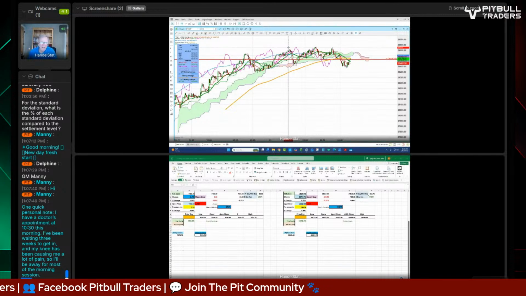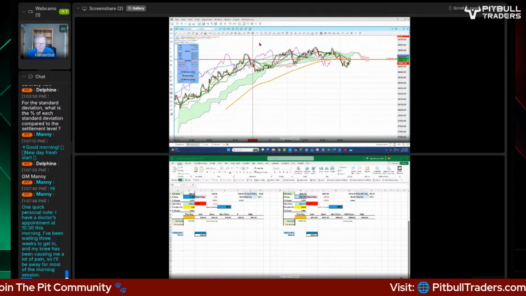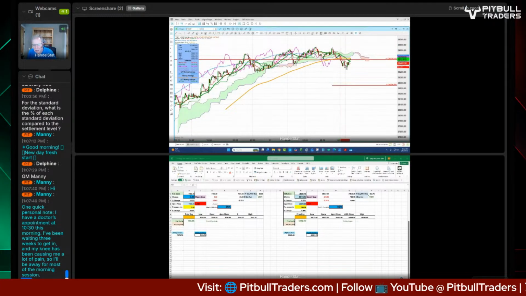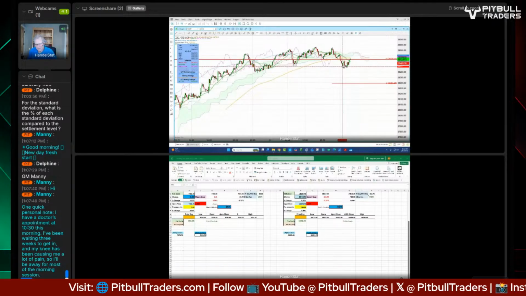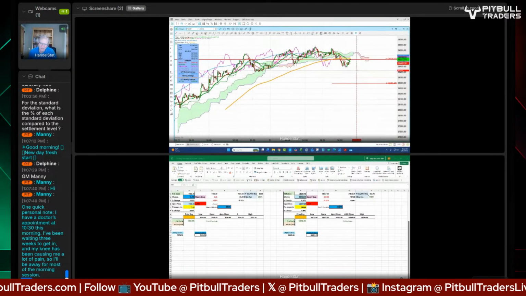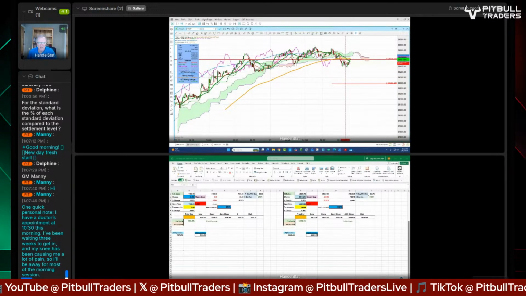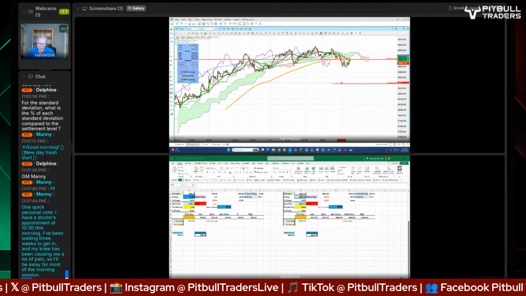If this backs off in here again, that's why I don't have my speaker turned off. If this backs off again here in the NASDAQ, I'd be looking for it to go down here. I mean, if it takes out this low right in here, it's probably going to go down here.